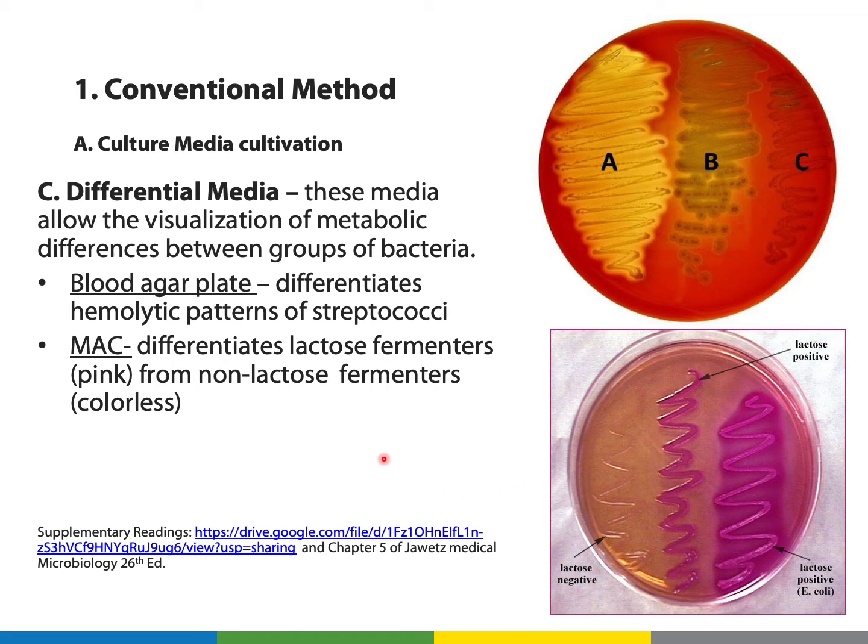For lactose fermenters, the colony is usually pink in color because of lactose fermentation. The non-lactose fermenter is colorless, or in some textbooks described as white colonies, because they do not ferment lactose, which is present in the culture medium as one of the components.